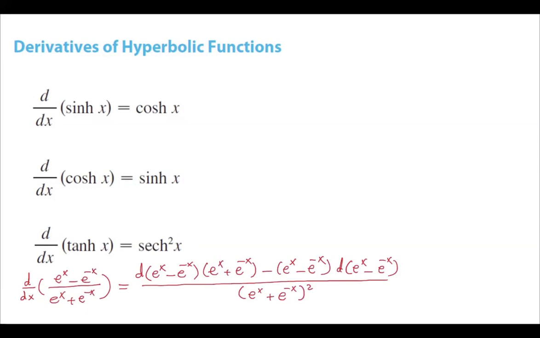Perfect. So this can be written as, let me just write it on top here. The derivative of the first quantity is e to the x plus e to the power minus x, times e to the x plus e to the power minus x, minus e to the x minus e to the power minus x, times the derivative, which is e to the x plus e to the power minus x.